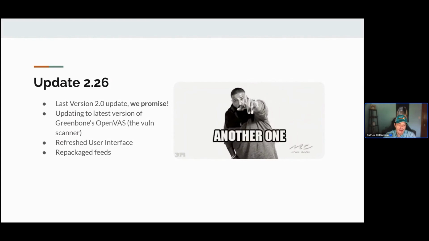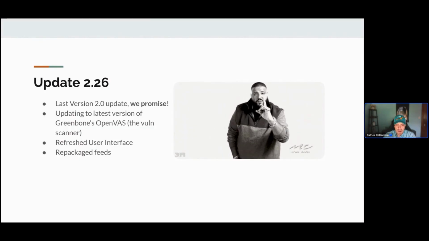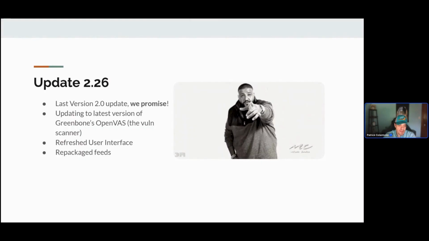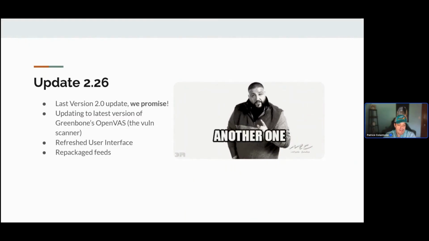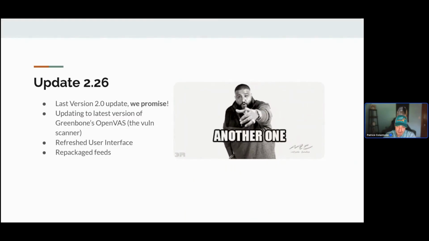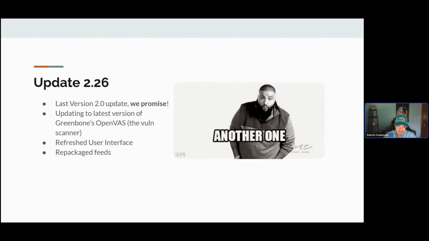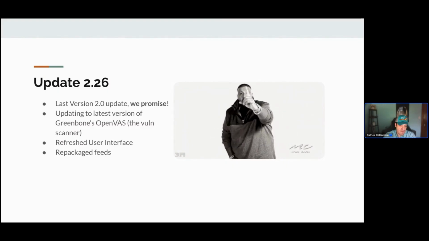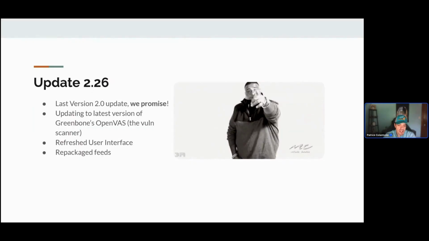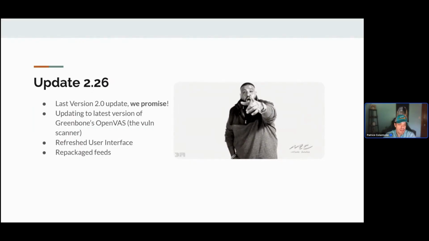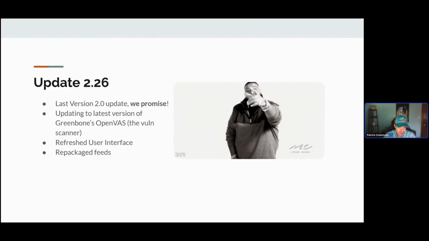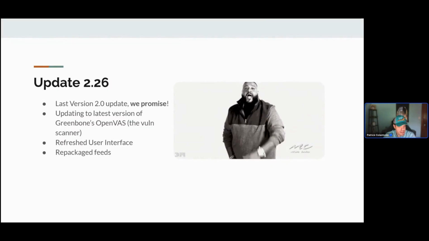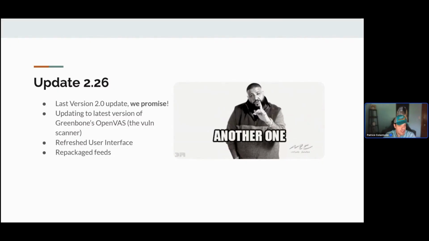So there were a couple things that are going to be in this update 226. There's a bit of a user interface refresh on the OpenVAS front. As I mentioned or teased about previously with version 3, we actually completely reworked the vulnerability scanner and its functionality and its reports and its results into the NeQter UI.